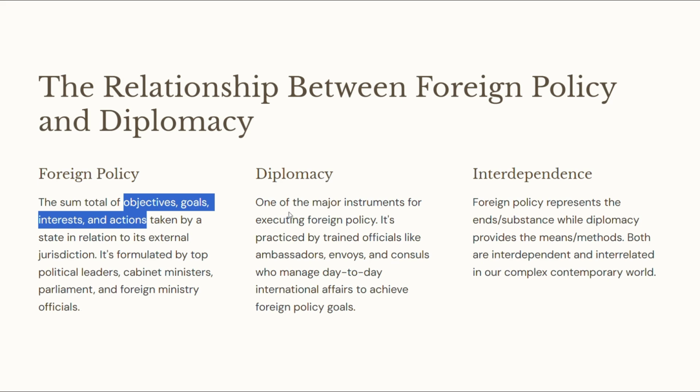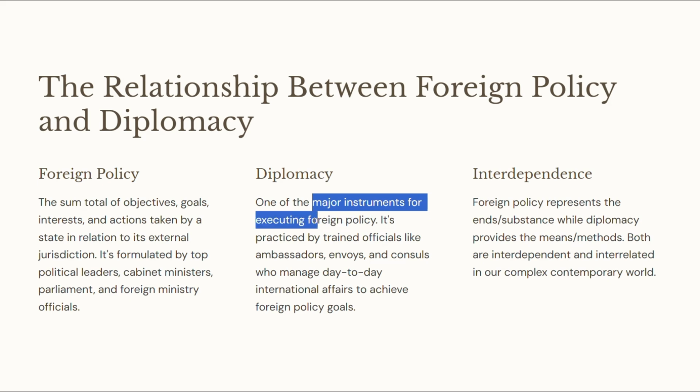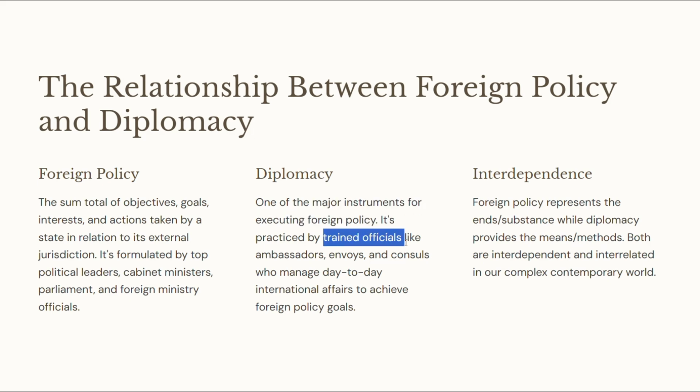Whereas diplomacy is one of the major instruments for executing foreign policy. It is practiced by trained officials like ambassadors, envoys, consuls, who manage day-to-day international affairs to achieve foreign policy goals and objectives of their state.